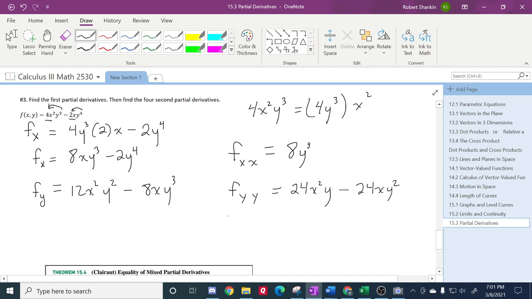Now, when I do this, I always get confused. And I think, alright, does this mean I do the partial with respect to x first and then the partial with respect to y, or do I do the partial with respect to y first and then the partial with respect to x?